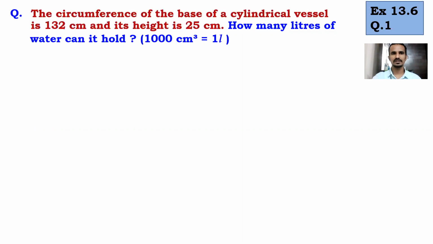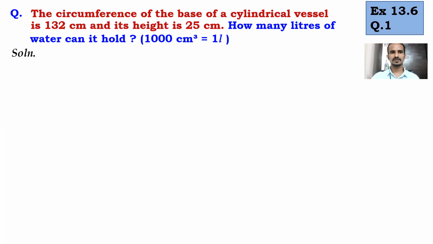So let's solve this. We know the circumference of the base of the cylindrical vessel and its height. The radius is not given, but you can calculate the radius from the circumference, so the radius is given indirectly.